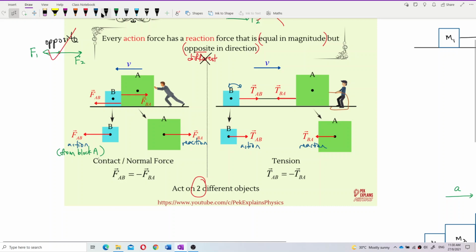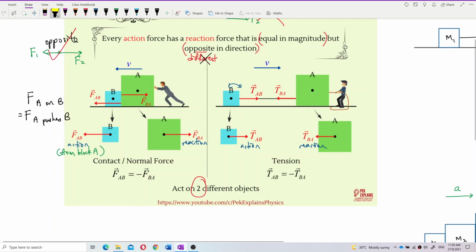FAB means FA on B. In other words, we can say FA pushes B. That means it is A on B.